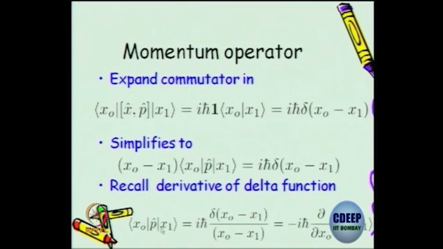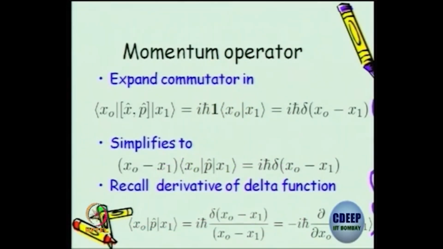The momentum operator can be given a representation in the position basis as a differential operator. So I can put this momentum operator as minus iħ ∂/∂x operator, and the ∂/∂x operator, when it hits x0, will give you ∂/∂x0. Is that clear? So this is all we are trying to say.